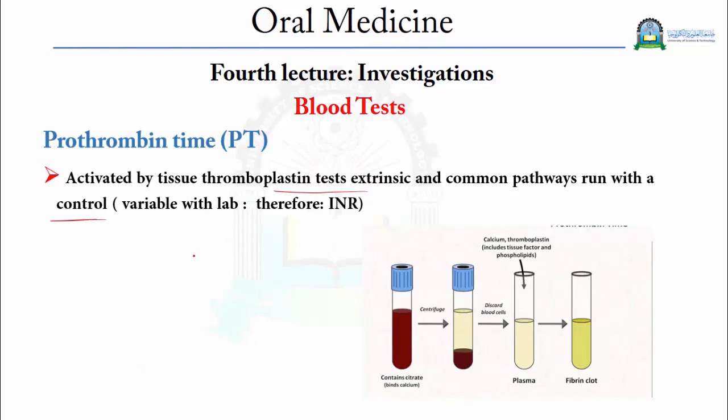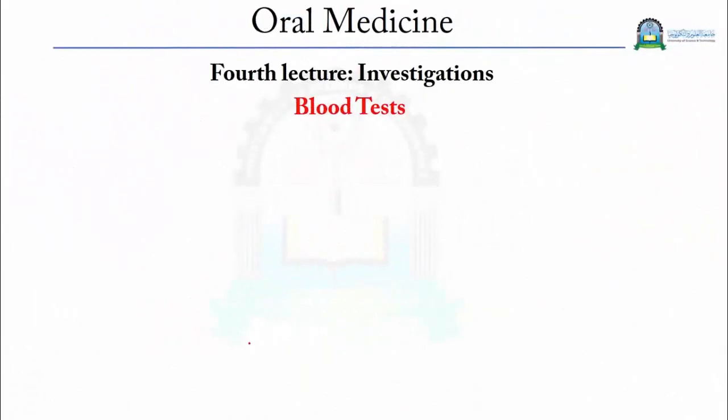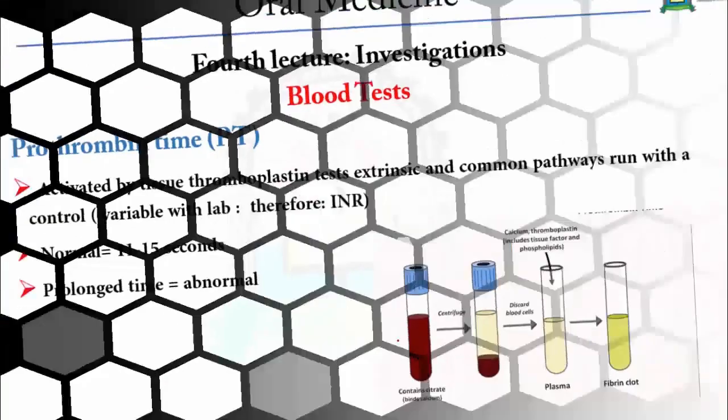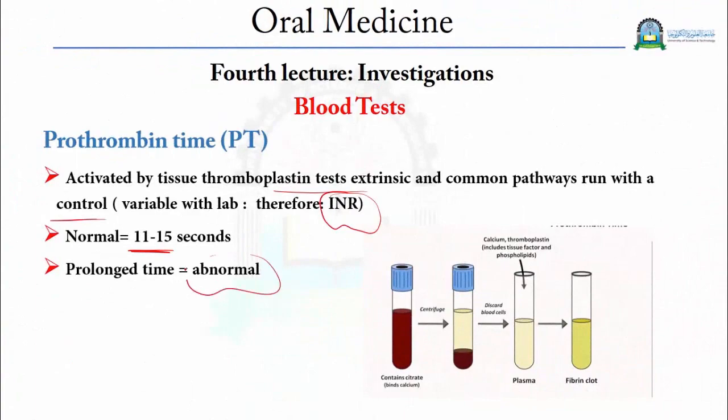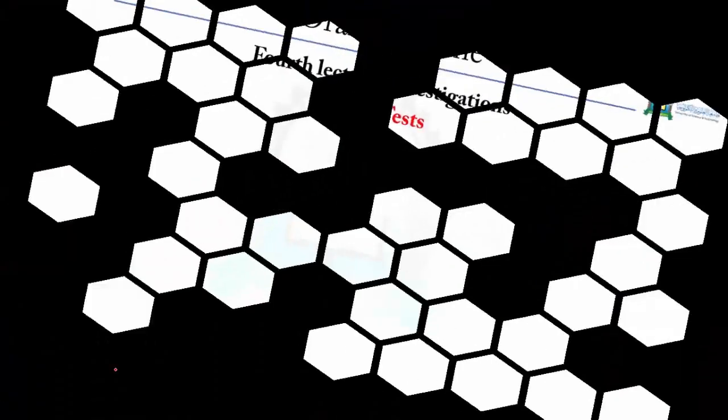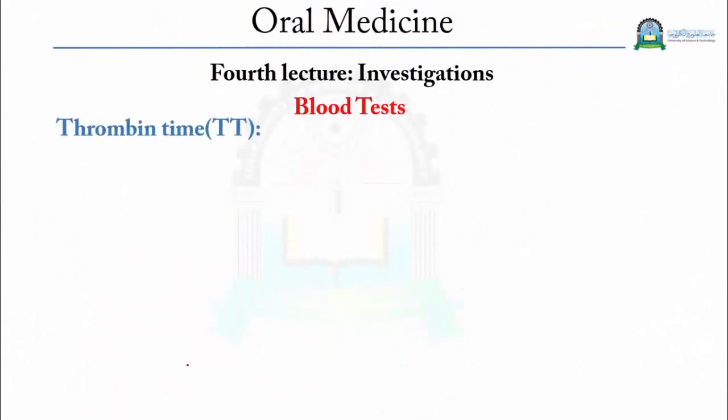So we can use the international normalized ratio. The normal prothrombin time is from 11 to 15 seconds. A prolonged time indicates an abnormal condition of the bleeding time of your patient.